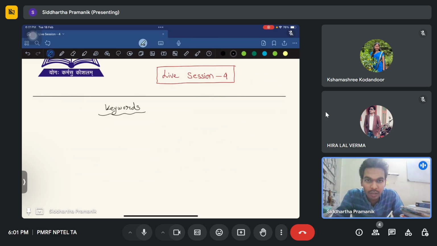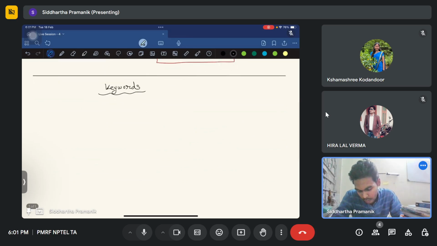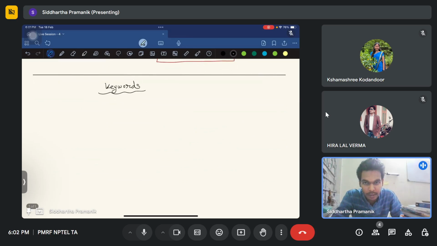So in week 4, we saw that every ring has a maximal ideal, the existence of maximal ideals in a ring. Note that all our rings are commutative rings with identities, and which are non-zero.